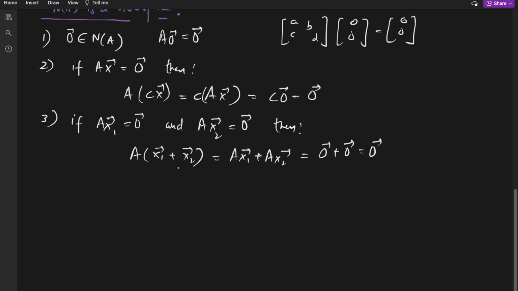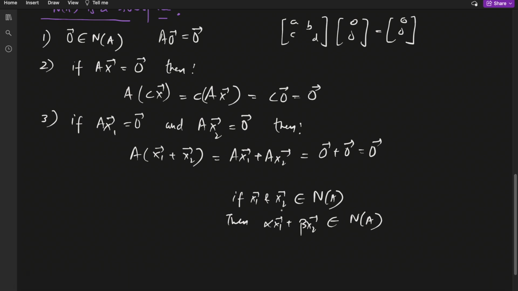And we can combine properties 2 and 3 also. If x1 and x2 belong to the null space of A, then alpha times x1 plus beta times x2 also belongs to the null space. We can use both property 2 and 3.